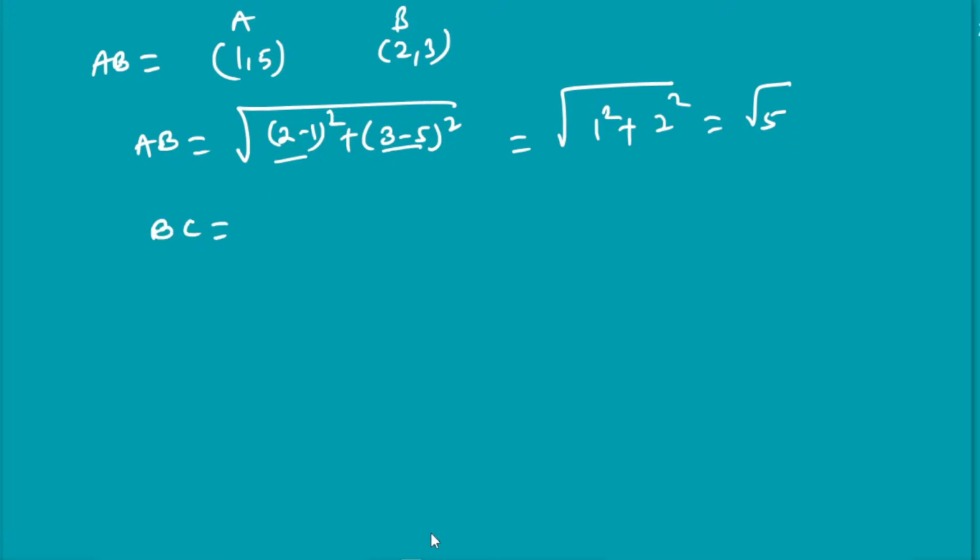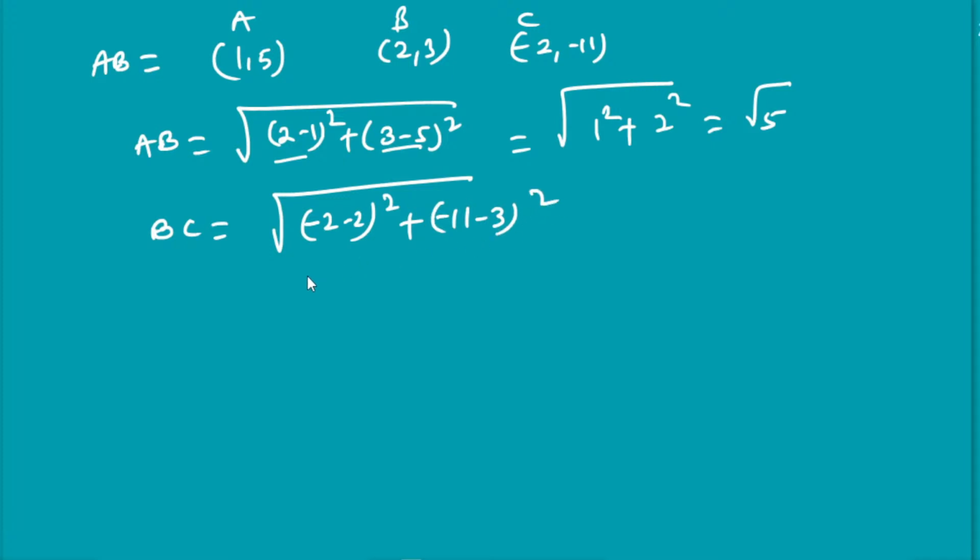Now what is BC? If I want to find BC, B is 2, 3 and C is minus 2, minus 11. So I want the distance between B and C: minus 2 minus 2, whole square, plus minus 11 minus 3, whole square.